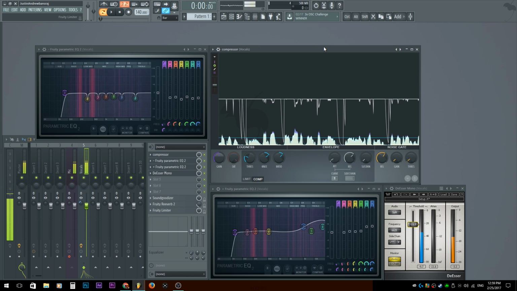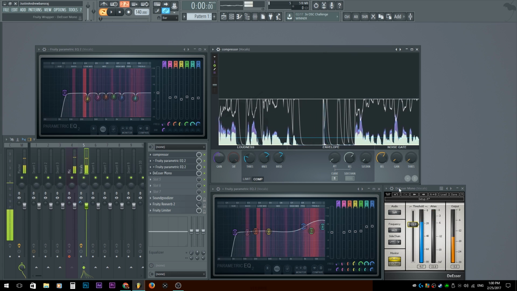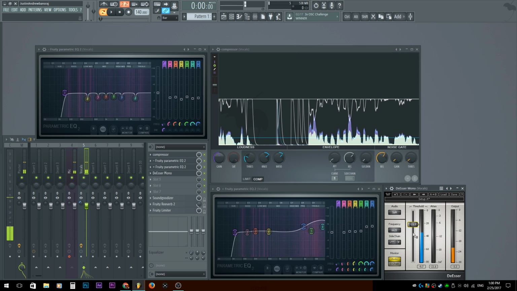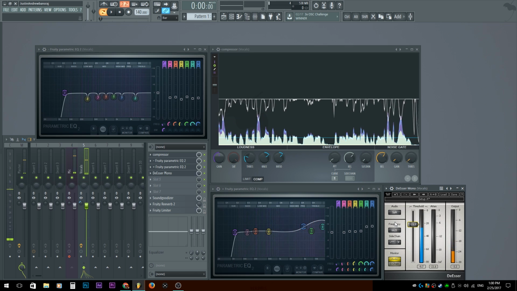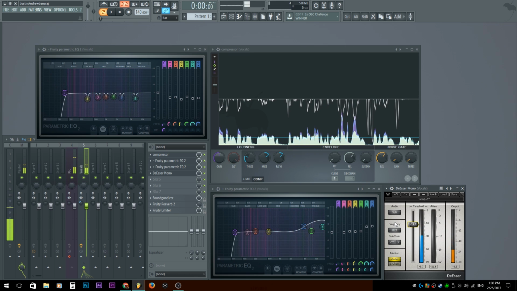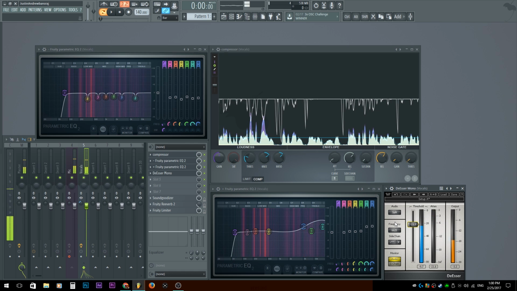And lastly, the de-esser down here is just for reducing the sibilance, which is around the highs or mids of the voice. It's just detecting and reducing the sibilance.